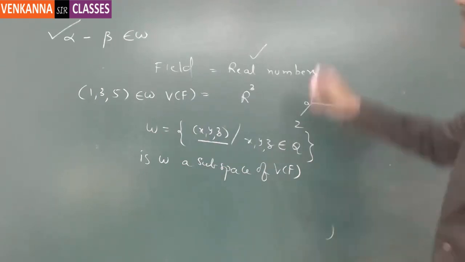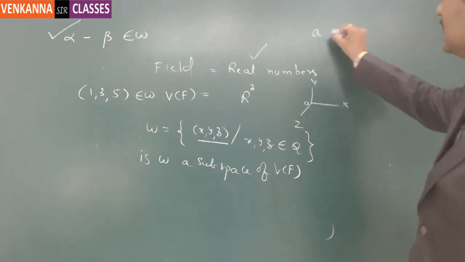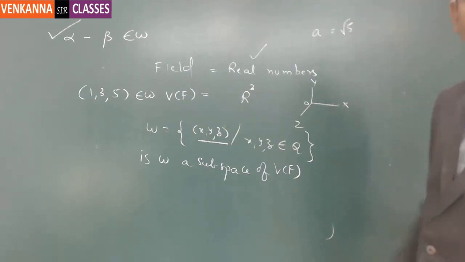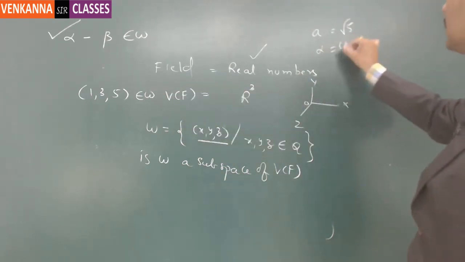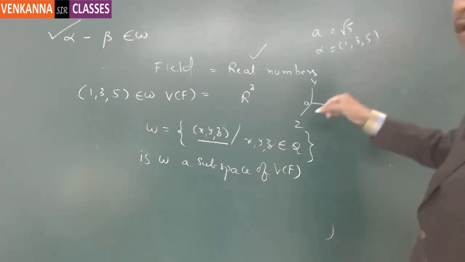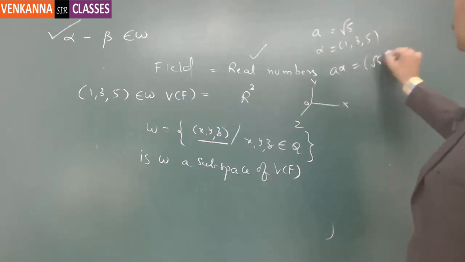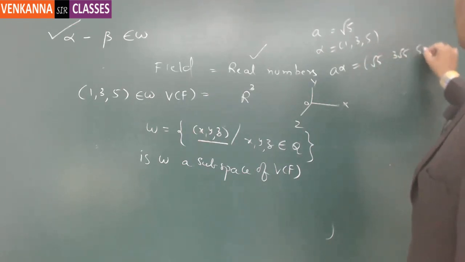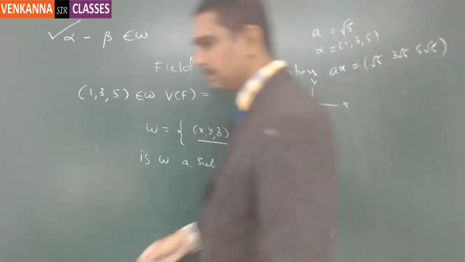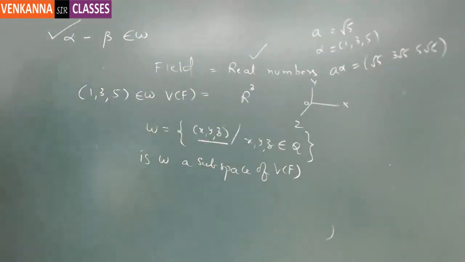So here I will take the scalar A equal to root 5 and the vector alpha equal to 1, 3, 5. Now if I apply scalar multiplication, A alpha is root 5, 3 root 5, 5 root 5. Accepted? Does that result belong to W? No. So W is not a subspace here.